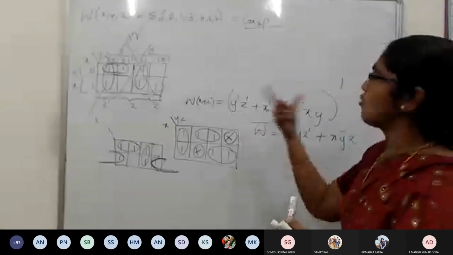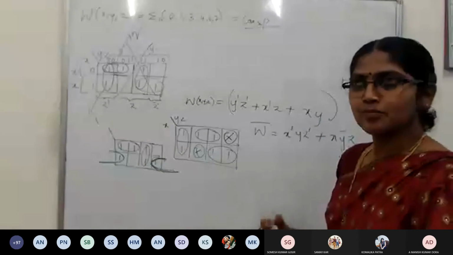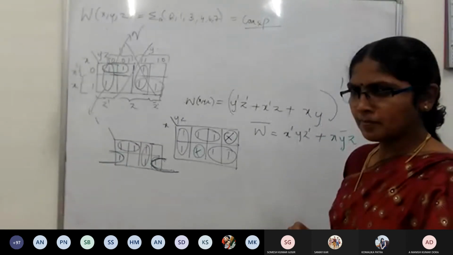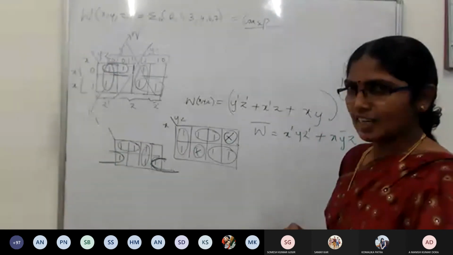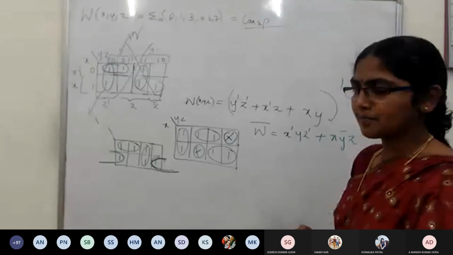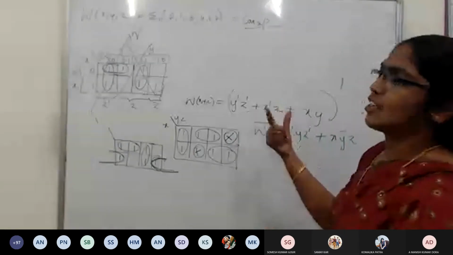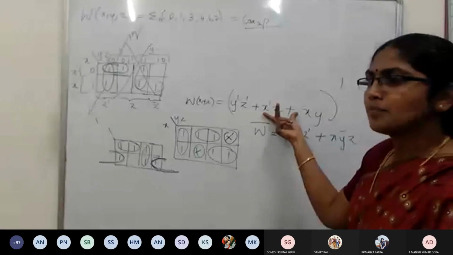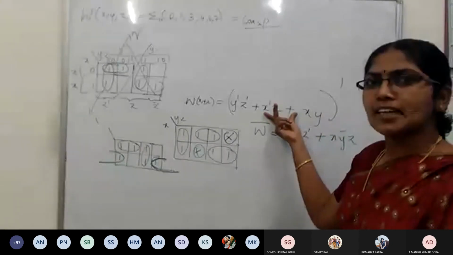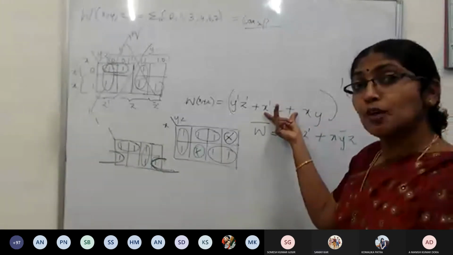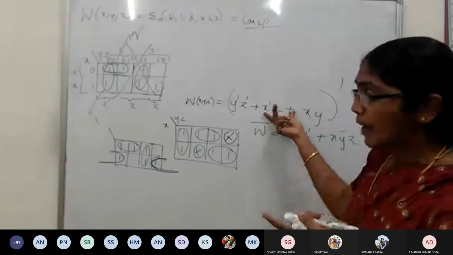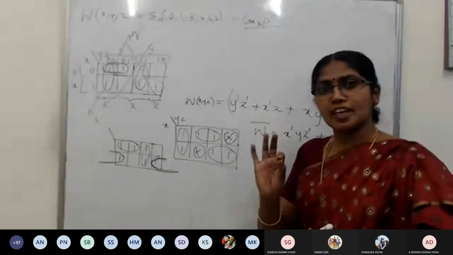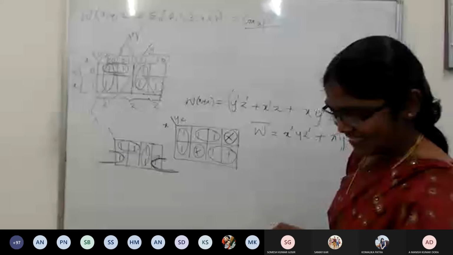Now the question comes, can I get a dual form of this? You know the dual form? Yesterday we discussed it. A dual form is nothing but going from SOP form to POS form, right? But using the same map, can we do that or not?